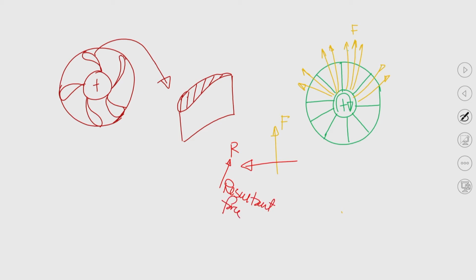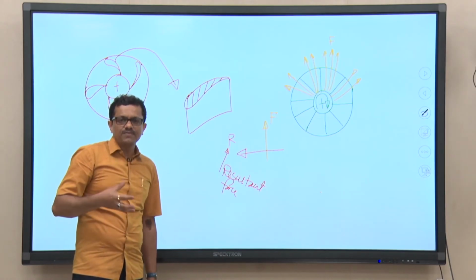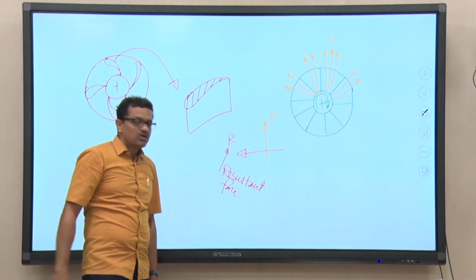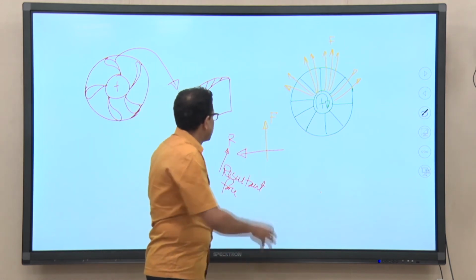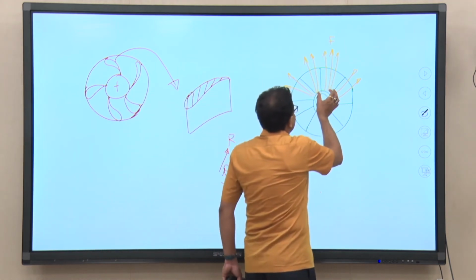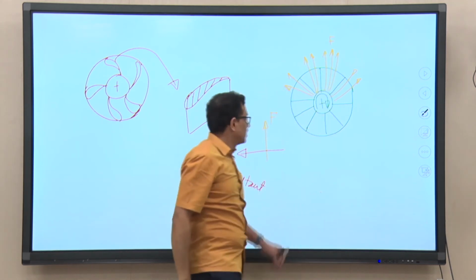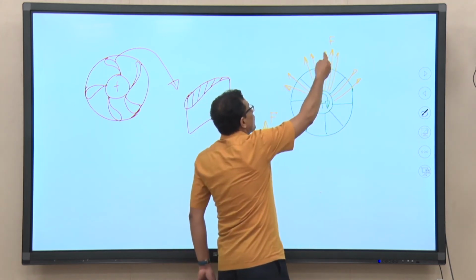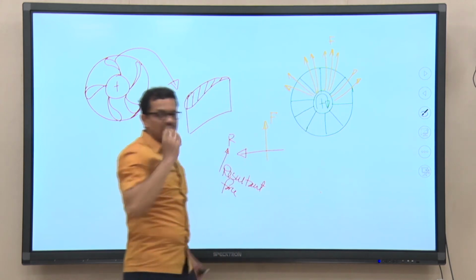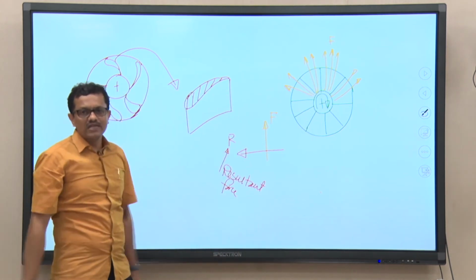I am trying to describe this in a simple way so that participants from different institutes can understand that when the liquid is flowing through this passage between two consecutive blades, one force is there, and that is the centrifugal force.